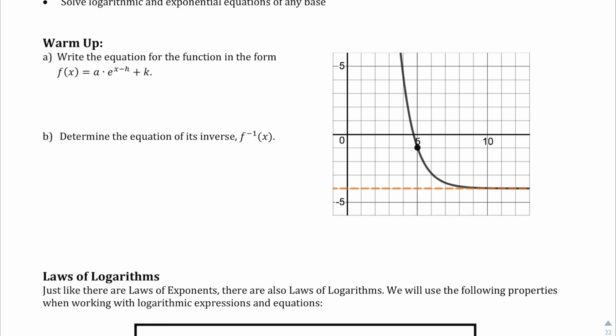And so we've been given an exponential function and we've been asked to write the equation of that. First thing we want to pay attention to is the fact that this is a base e exponential function, and so we should be aware that the parent function y equals e to the power of x is an exponential growth function with the anchor point at x equals 0, y equals 1.